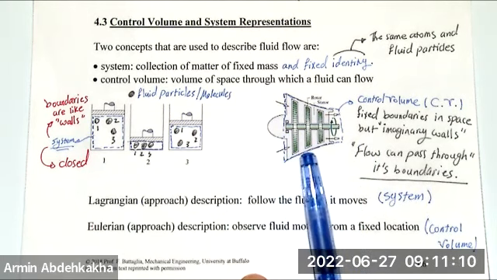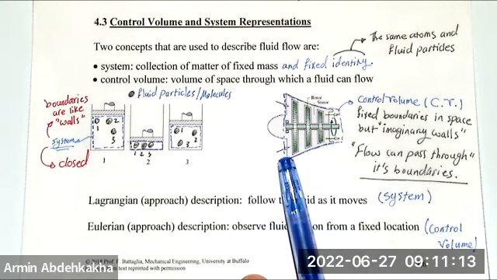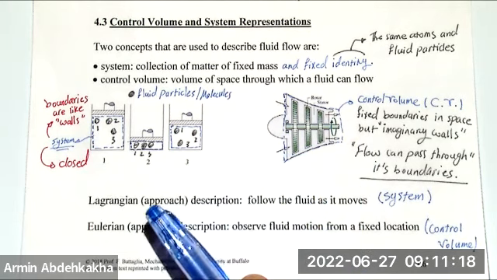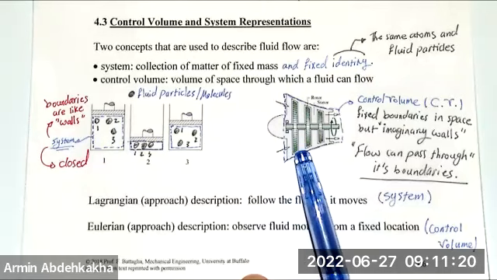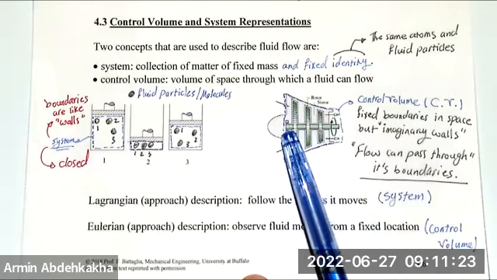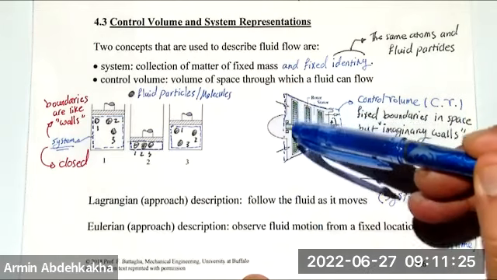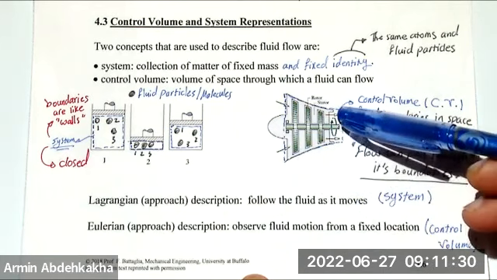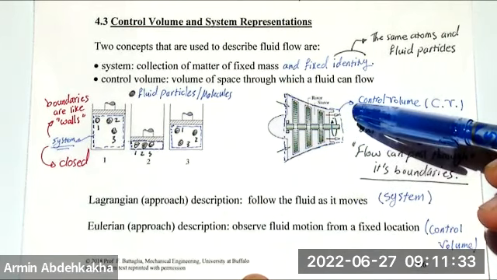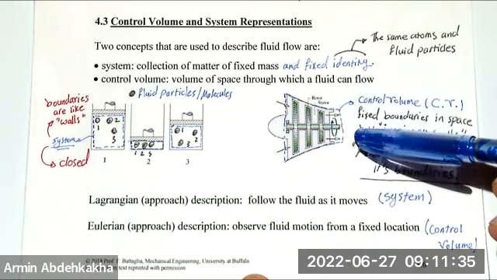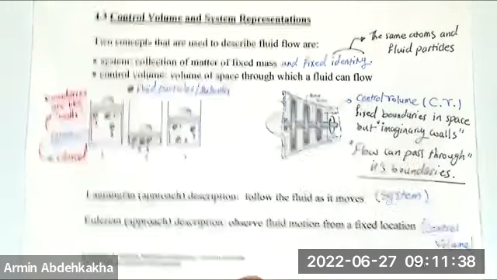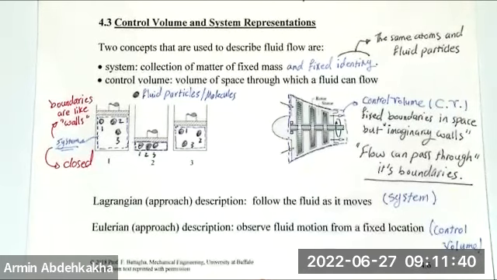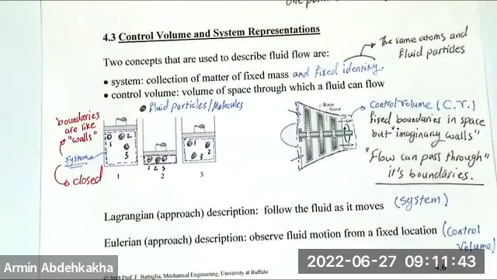But when the flow moves, your control volume is staying here because it has to be fixed in space, but the boundaries of your system are moving with the fluid because they want to track this fluid. And these particles that are here are moving to this side, so your boundaries are going to move. And also these are going out, so the other boundaries should be going out and changing to here because it wants to keep the identity of the same particles inside of it, right? Same as here.